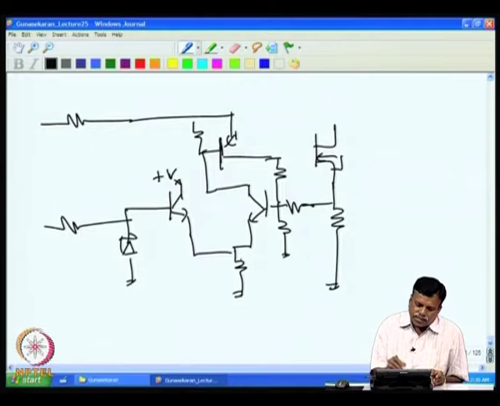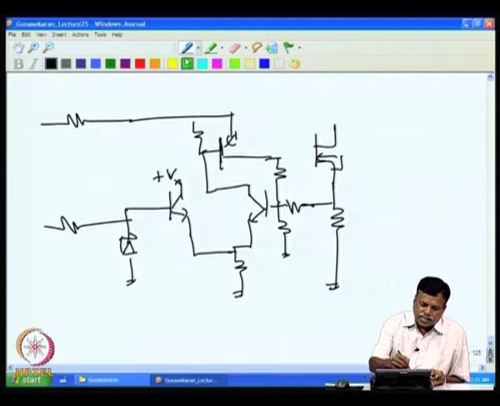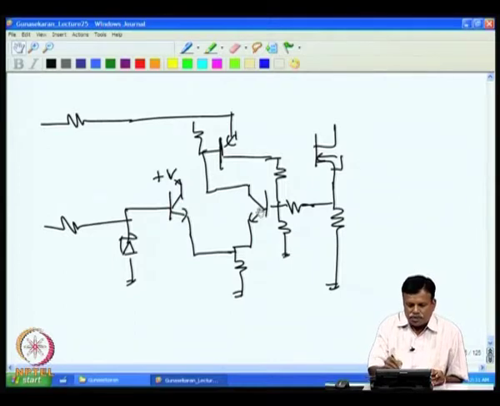So, in this case the temperature drift that was affecting the current limiting function can be removed by adding this additional transistor. That is, we have added now this transistor to compensate the VBE drift of this, because in this case if the current goes high, then voltage at this point will go high, and then voltage at this point will go high, then this will start conducting.